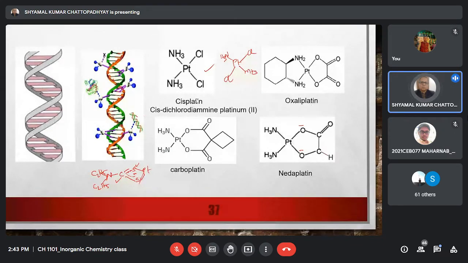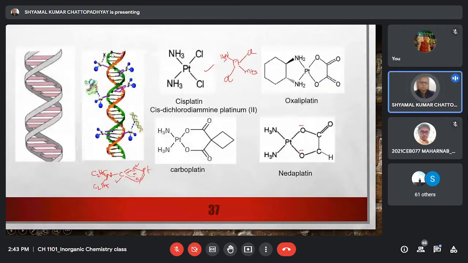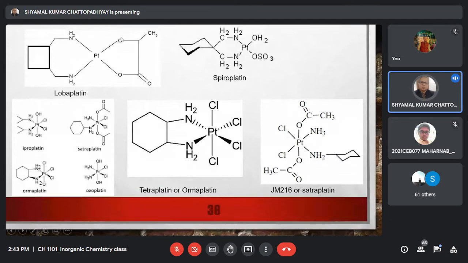Now, besides these there are other anti-cancer platinum(II) compounds. Again, this is a platinum(II) compound where, as in the previous case, there is a carboxylate group and an alcoholate group. This is actually the lactic acid moiety.